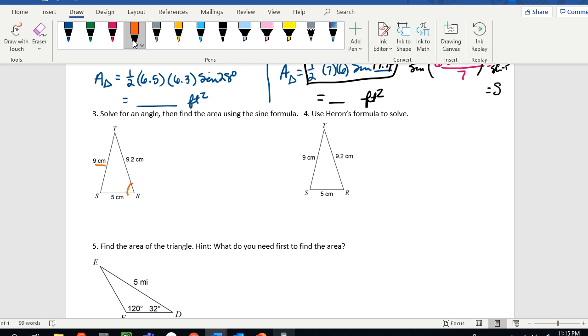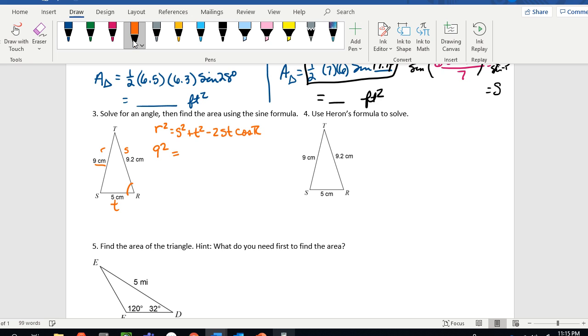Hello, I've got to use law of cosines. So that means I'm going to start with R. Let me show you what this is going to look like. This is an R, an S, and a lowercase t. So I'm going to say R squared equals S squared plus T squared minus 2ST cosine of R.